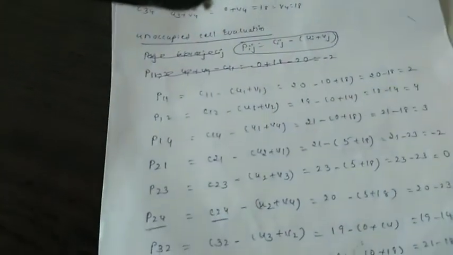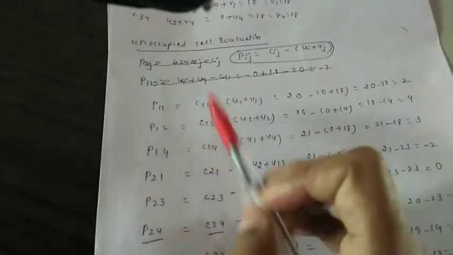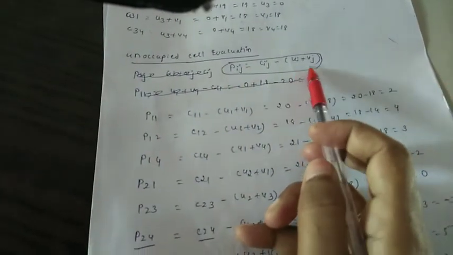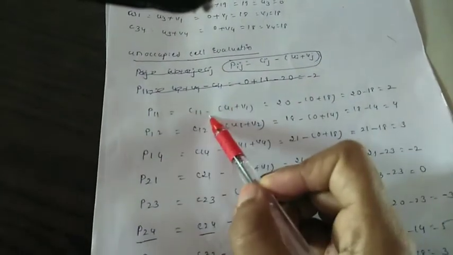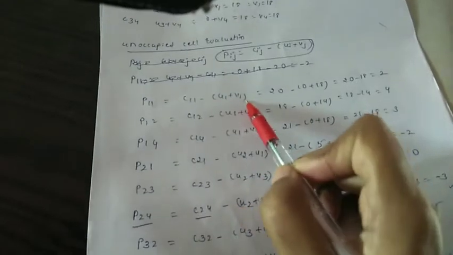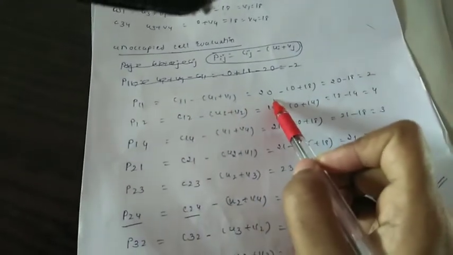So P11, what is the formula? Cij minus ui plus vj. That is C11 minus u1 plus v1. What is the cost of C11? 20.